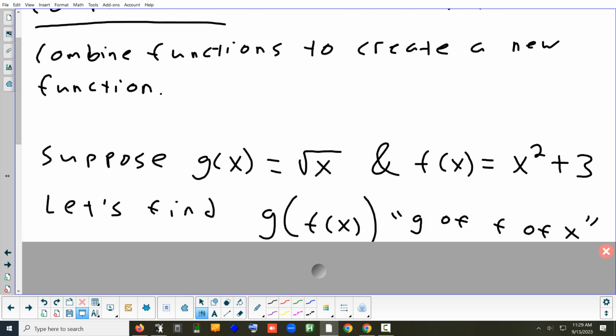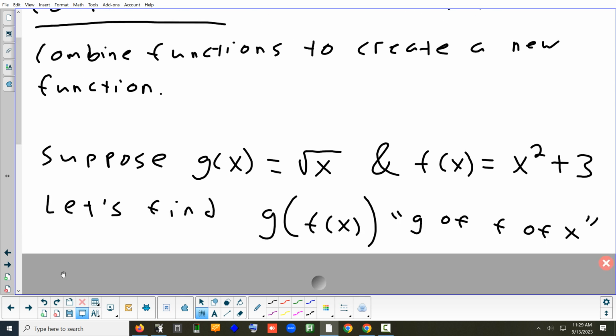So let me show you an example. Here's the notation. When you see a parenthesis, you pronounce that as the word of. So this is g of f of x. Well, if I wanted to find g of 2, I would plug 2 into function g.